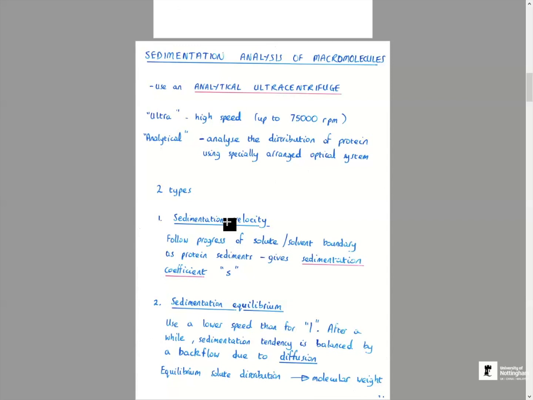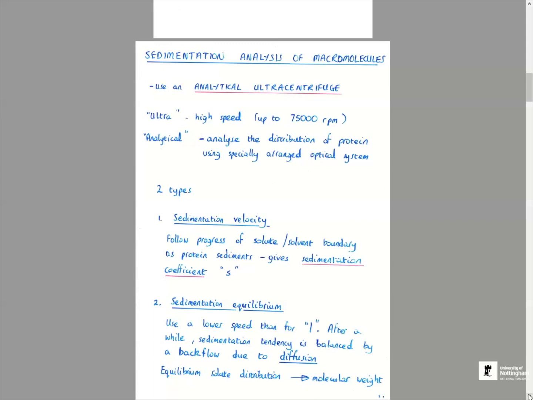And following the progress with our optical system, we can get the sedimentation coefficient, symbol little s, whose unit is the Svedberg unit, which is big S. There you go, little s and big S. Sedimentation coefficient, and we'll define that in a minute. S is a measure of the size and shape of a macromolecule.